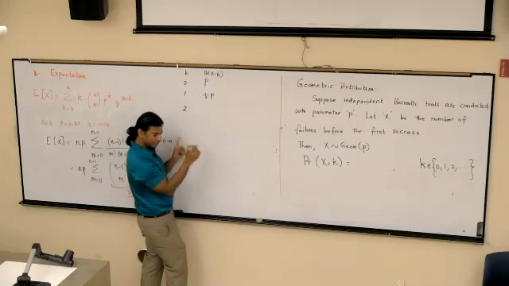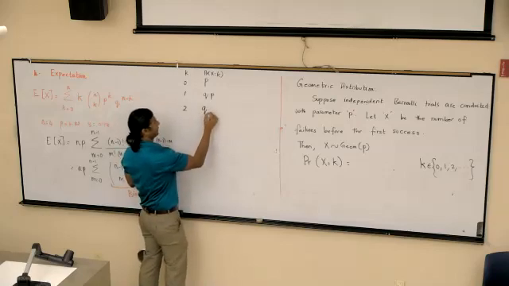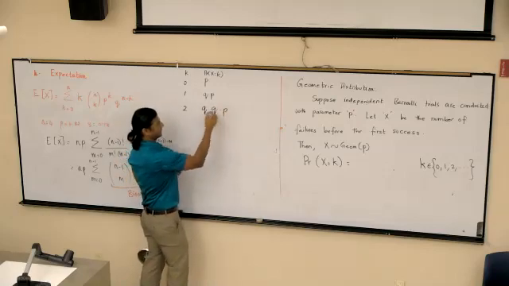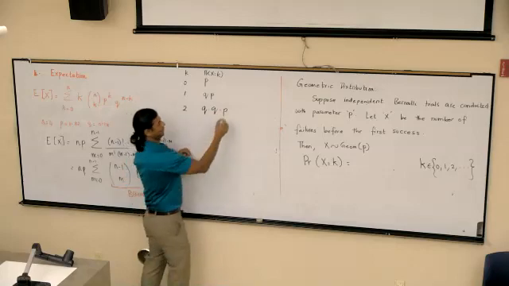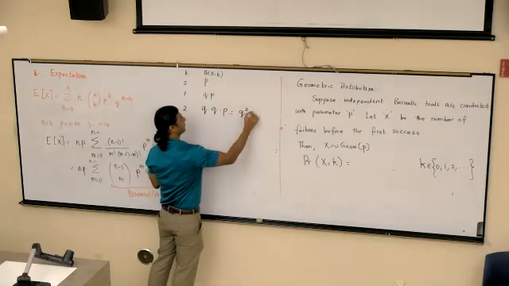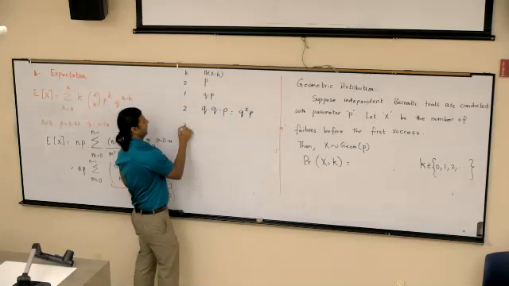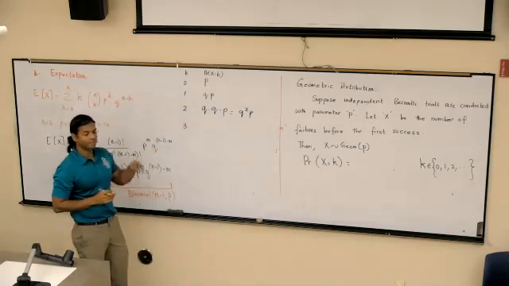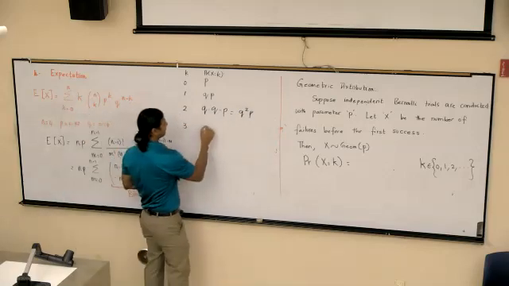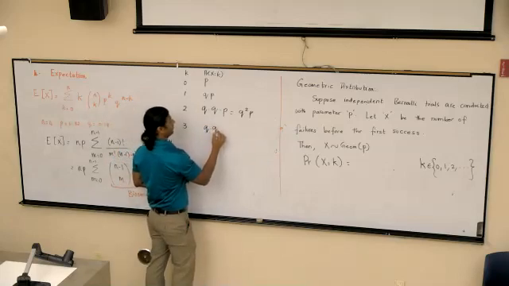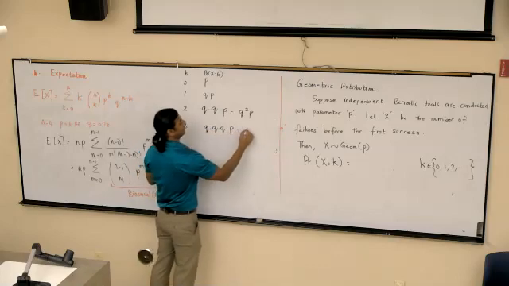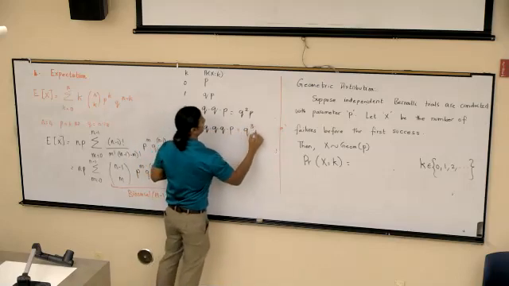So I failed twice, fail, fail, succeed. Q squared times P. If I failed 3 times, then I succeeded, so Q times Q times Q times P, Q cubed times P.